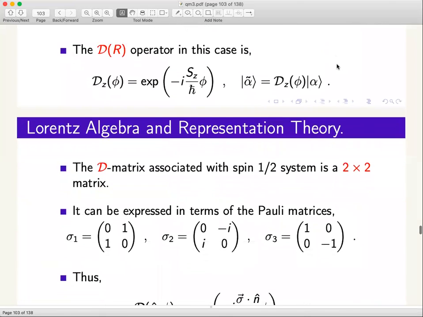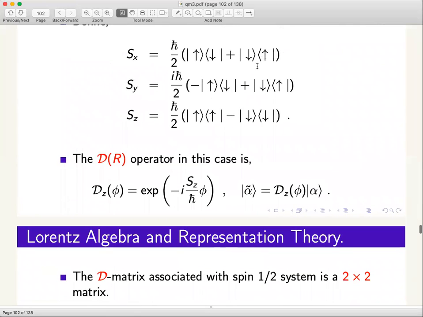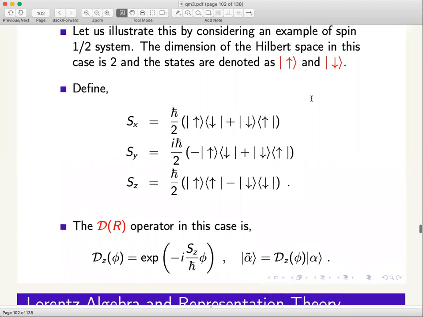So we just saw that you could in principle write down a D matrix. Remember, this up down actually would form a column vector, a two-component column vector of up and down states. So Sx, Sy, Sz should essentially behave like 2 by 2 matrices acting on that column vector.